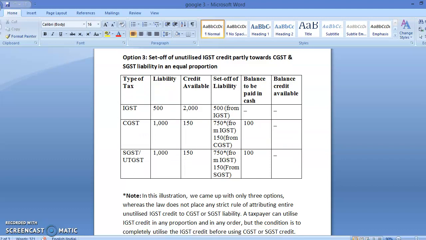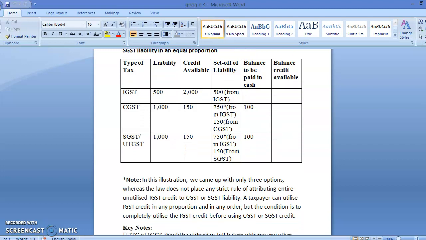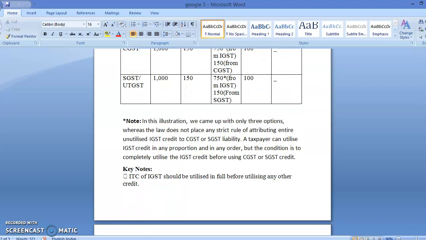If it remains, then you can utilize that unutilized IGST credit amount to set off CGST or SGST liability in any of the manner. And the taxpayer can utilize this IGST credit in any proportion and in any order. But the condition is that the IGST credit should be completely utilized before using the CGST and SGST credit available.